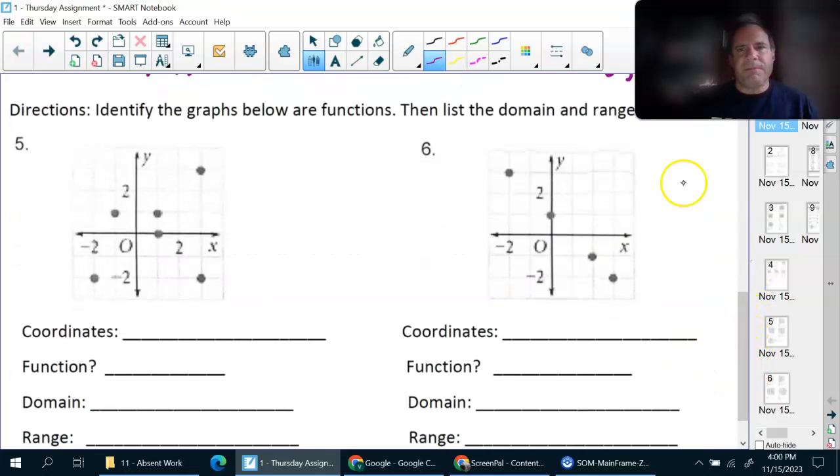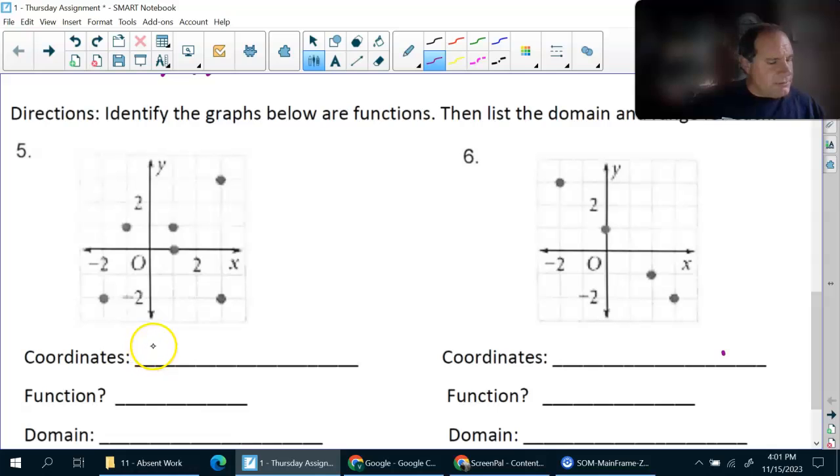Identify the graphs below that are functions. So we're going to list the coordinates first, and the coordinates here are -2, 2. That's this one. Negative 1, 1. That's this one.